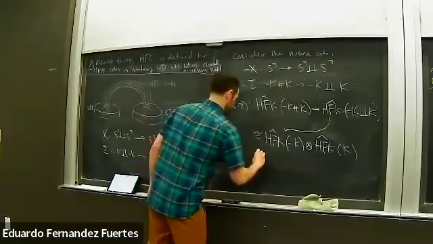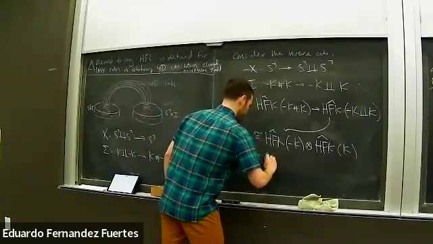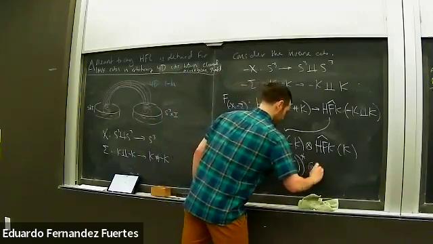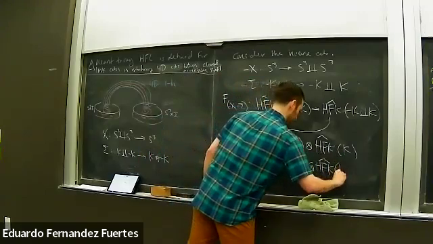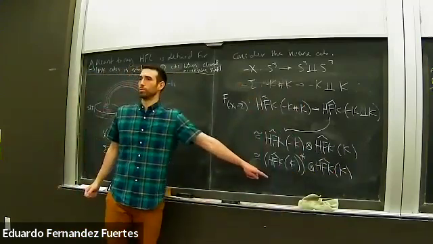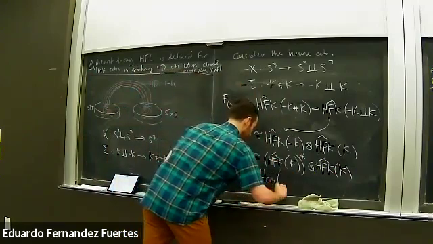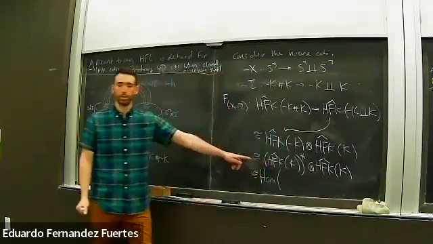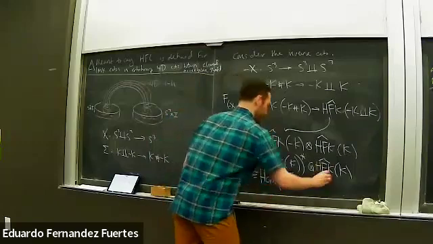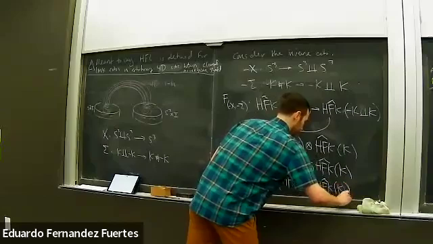And then we know that mirroring is supposed to give us the dual. And then there's a natural identification of the dual tensor the original space, that means this is just homomorphisms from, this is some vector space over F2. So this is going to be isomorphic to just homomorphisms from HFK hat of K to HFK hat of K.